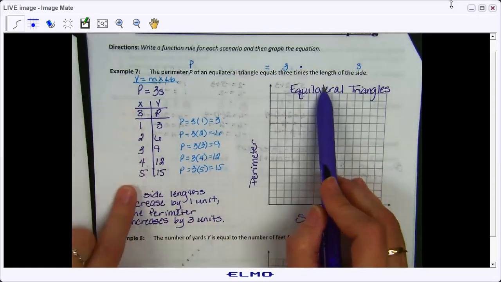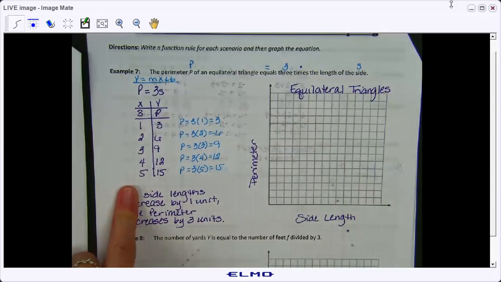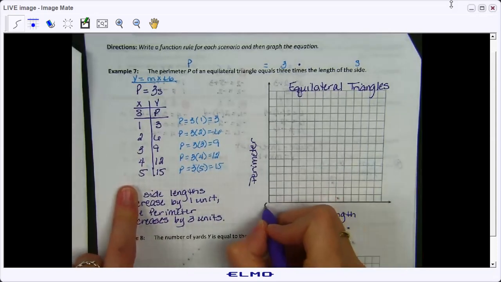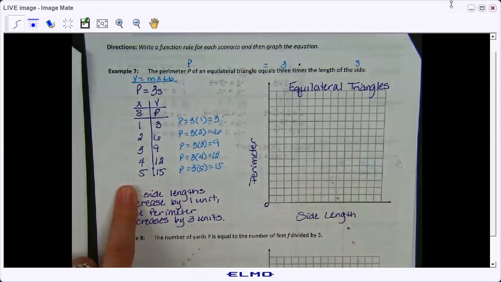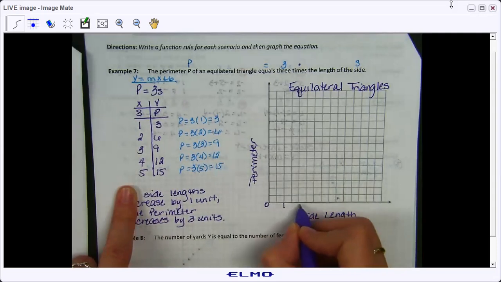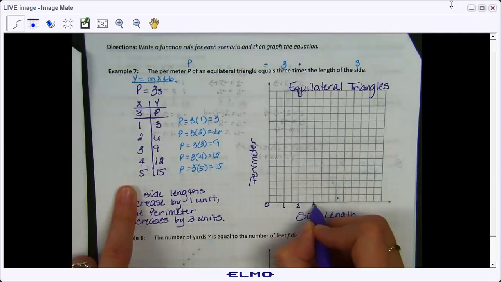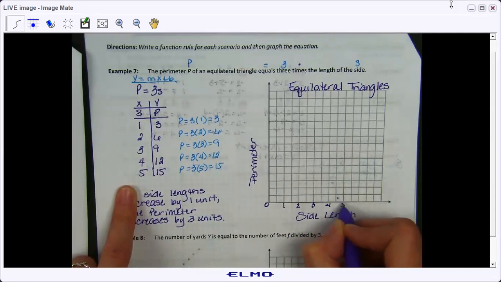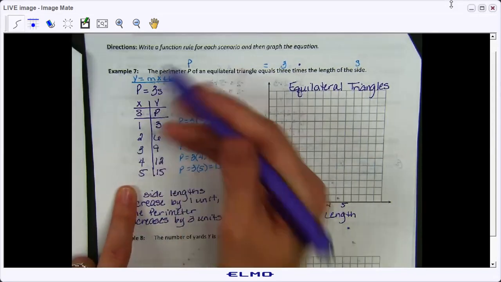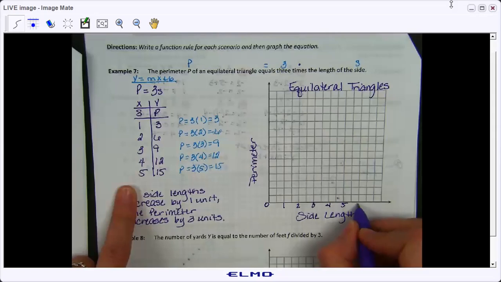Now we're going to do our increments. It's important that you use reasonable increments. So I'm going to start at 0. Your graph always starts at 0. And then I'm going to go by halves. So I'm going to skip a line and put 1, skip a line, 2, 3, 4, and 5. Because my x values go up to 5, I have to at least go up to 5.